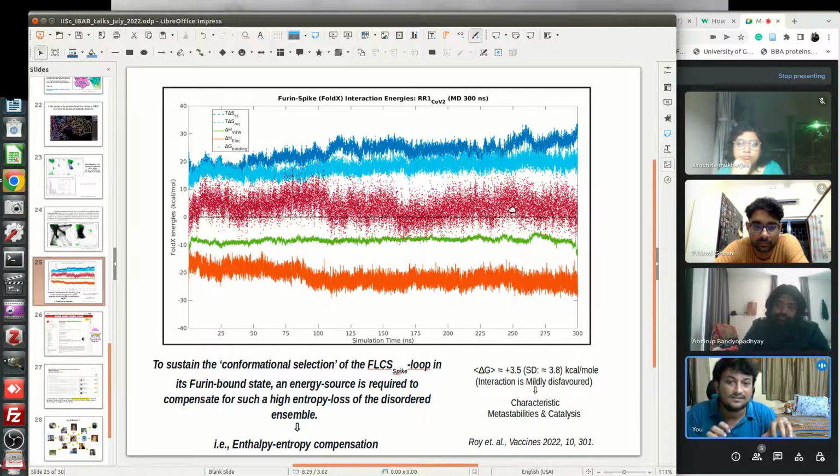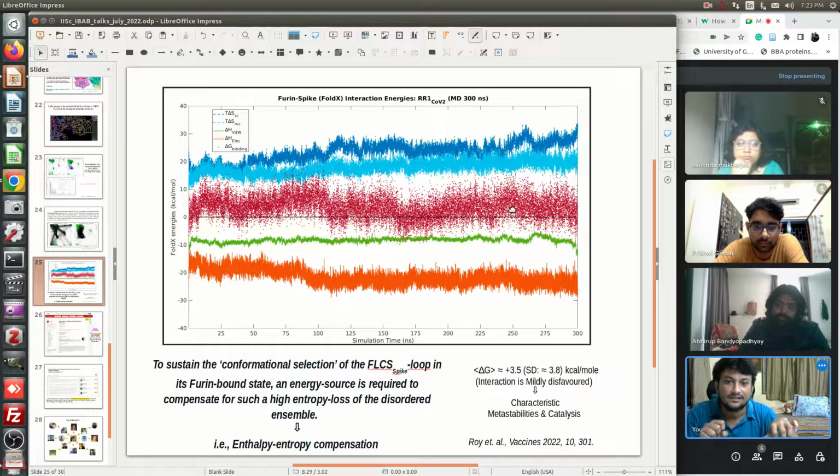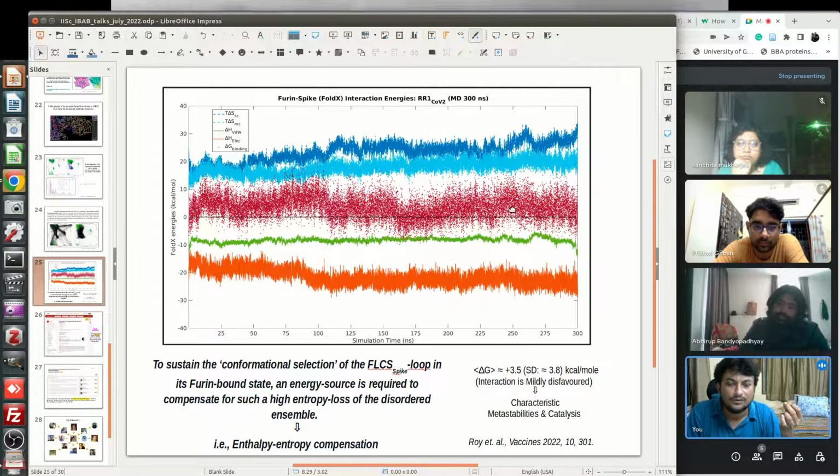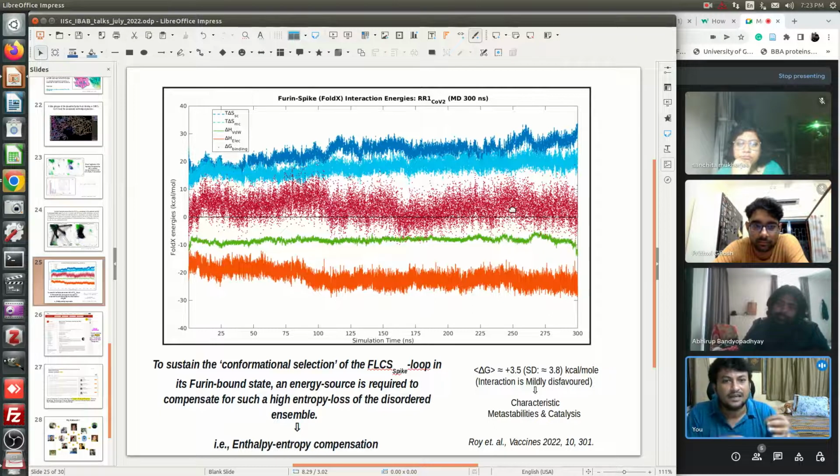The disorder is such that it is very transient, very temporal. So very many times there would be the opportunity to just lay the X or catalyze the proteolytic cleavage, but it's not really a particular conformation.